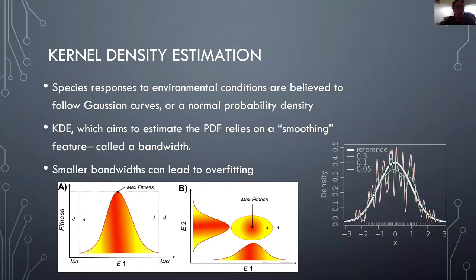Okay, so one of the ways to delineate hypervolumes, like I said, is with kernel density estimation. It builds on this idea that species responses to environmental conditions are going to be observing these Gaussian curves, where it would be a normal probability density. KDE is a non-parametric way to estimate the probability density function, and one of the ways that it does this is relying on a smoothing parameter, called a bandwidth.